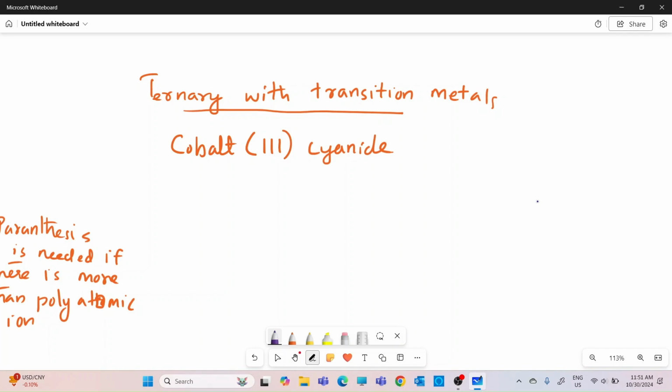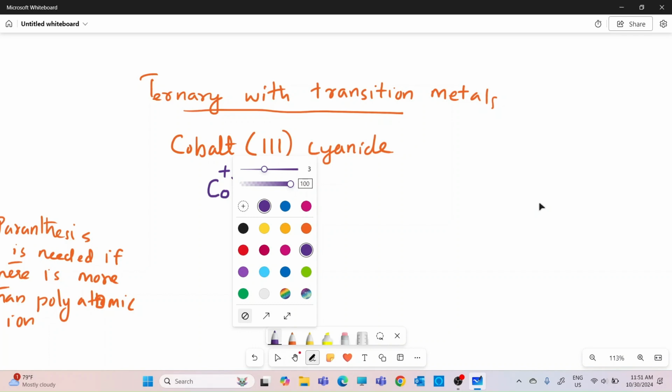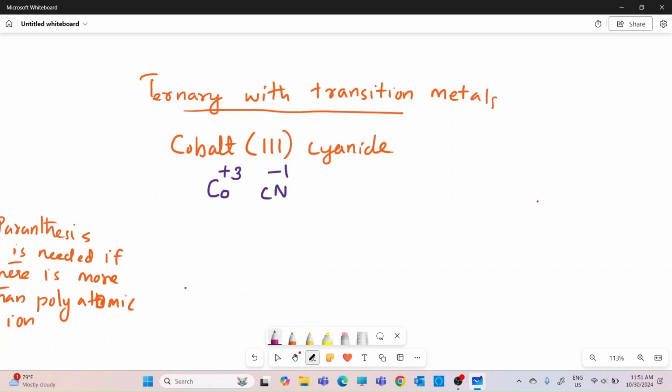Cobalt is Co, that is a single element. Don't think that it's two atoms. The charge is +3, and cyanide is CN, and it is -1. And we are using the crisscross method. This one will come here and this one will come here. So one Co is needed, and how many cyanide do we need? 3.